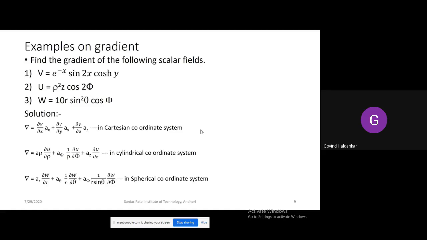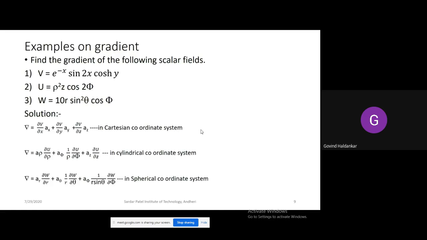If it is the Cartesian coordinate system, the first equation is written. For the second problem, which is in the cylindrical coordinate system, you have to use the second equation, and for the third problem, the third equation. So accordingly, you have to solve.